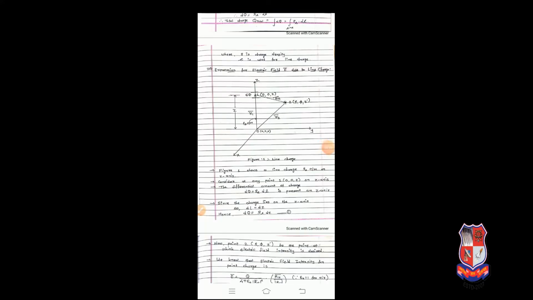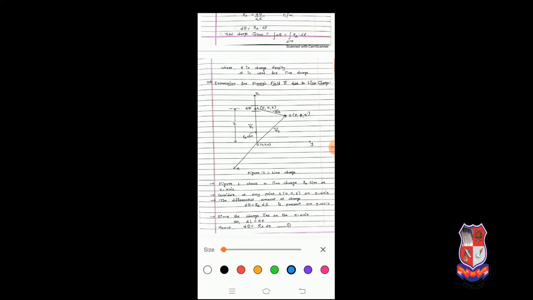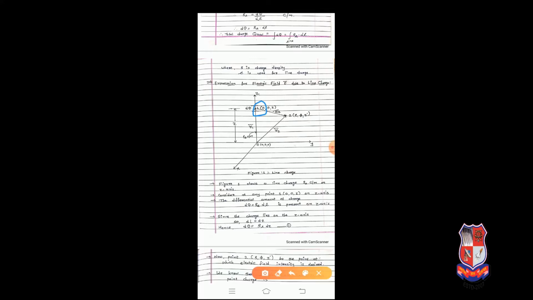Now here we can see the expression for electric field intensity vector E due to line charge. The figure shows that the line charge rho l coulomb per meter is present on the z axis. Now consider point 1 here on the z axis, so its coordinate is 0 0 z.